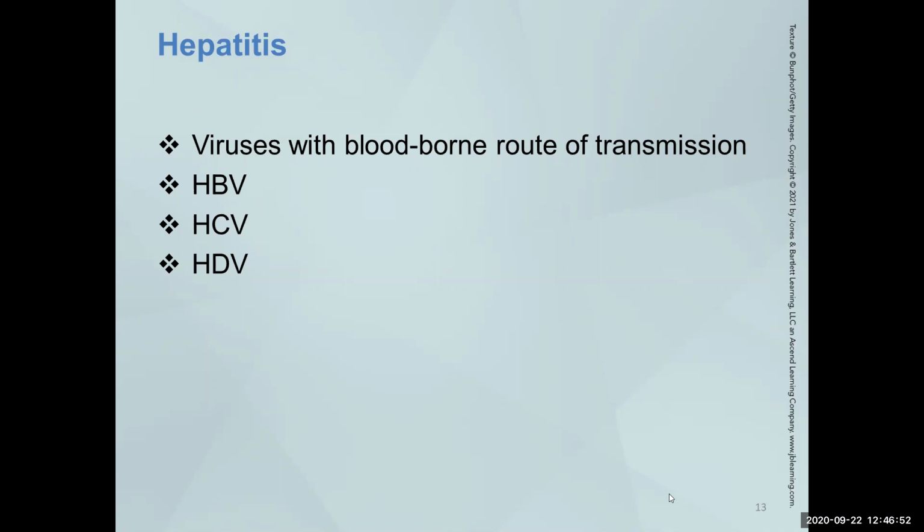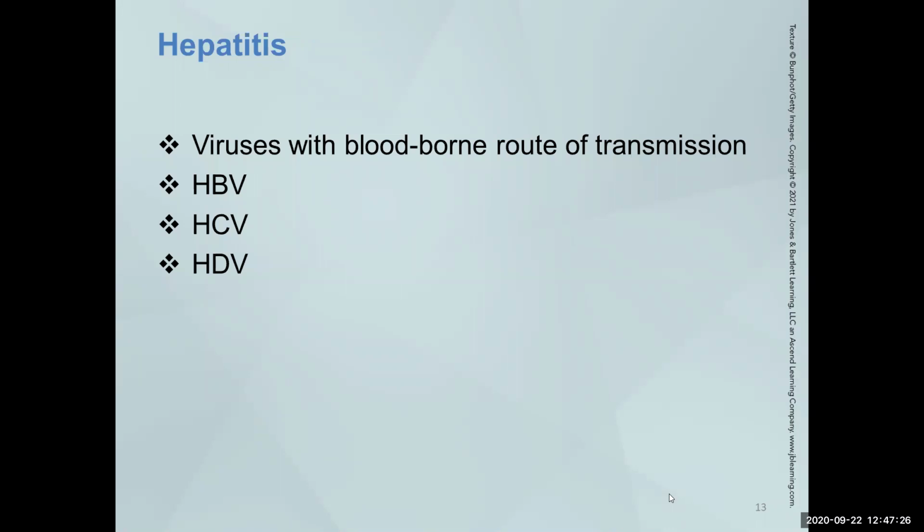Let's talk now about hepatitis. The viruses with blood-borne route of transmission are contact by infected body fluids. That includes the hepatitis B, hepatitis C, we've got hepatitis D virus, and their HBV for hepatitis B virus, HCV, hepatitis C virus, and HDV, hepatitis D virus.